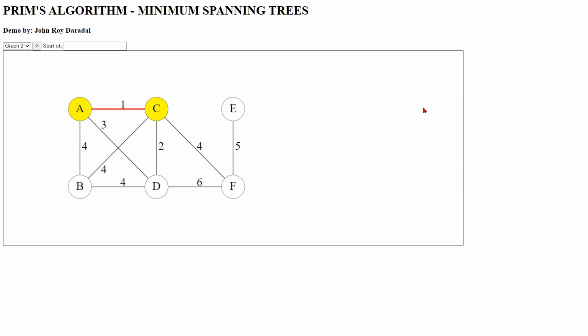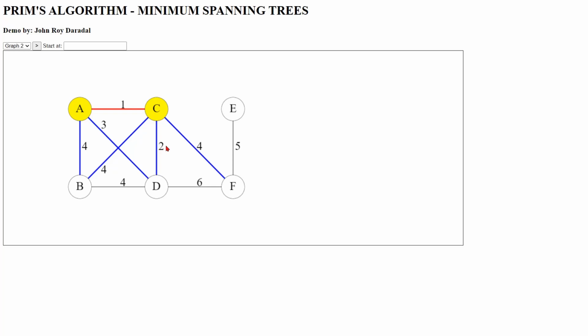Because it's the minimum. After that, the valid edges would be AB, AD, CB, CD, and CF. So there's quite a lot, because C is connected with 3 other vertices. So that opened up new valid edges.